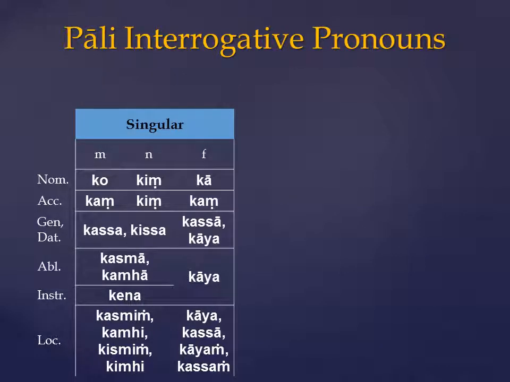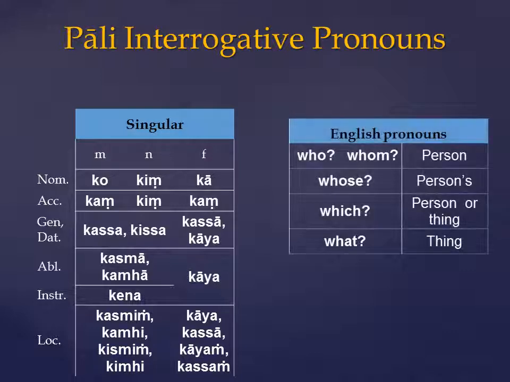So the last example raises an important point. If we look at the English pronouns, we can see that who, whose and which can be used to ask about people, while which and what can be used to ask about anything which isn't a person. From this, one might assume that the genders in Pali, male and female, will correspond to the English pronouns representing people, whilst the neuter gender will correspond to the English pronouns which represent things, i.e. which and what.